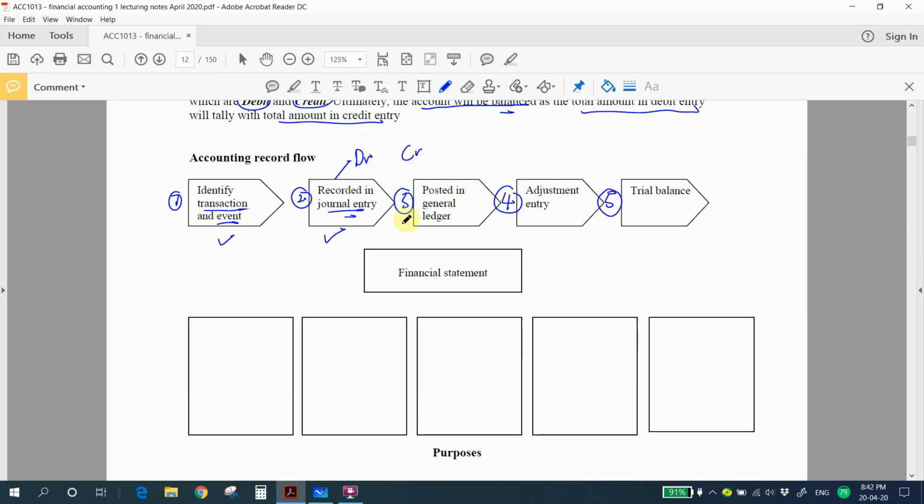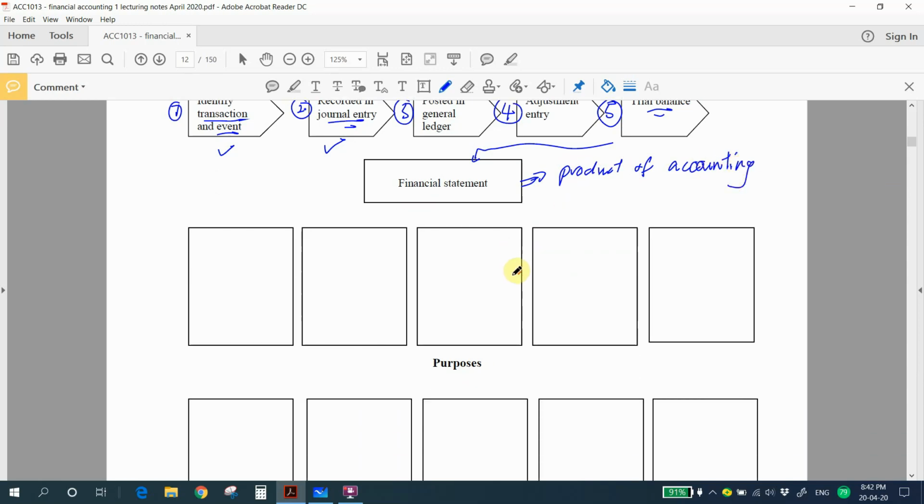And then at the end of the day, we have the trial balance of the accounts. And based on the trial balance, this is the product of accounting: financial statement. Financial statement is the product of accounting.